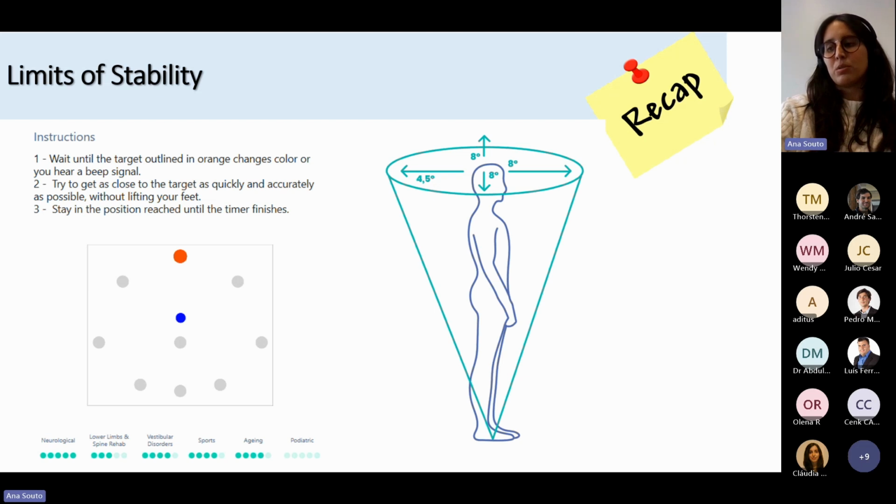It's important to train and to understand when the patient has to start moving, that he has to wait for the time to end, and that he has to come back to the center, because if he's not in the center, then he will have to repeat that target again. So you can do training first, and then do a second protocol, a real assessment protocol. Okay, this is just advice.